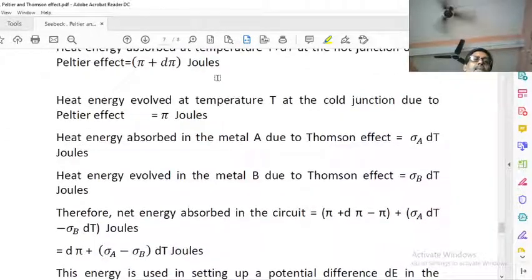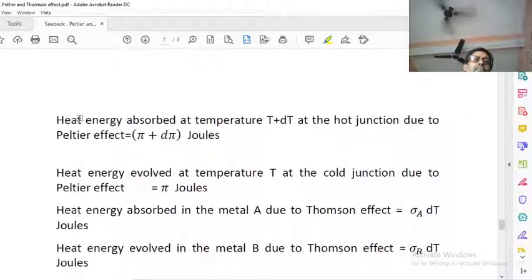Now, when we think about the heat energy, we write H is equal to pi plus d pi. This is the heat energy absorbed at temperature T plus dT at the hot junction, and heat energy evolved is pi.